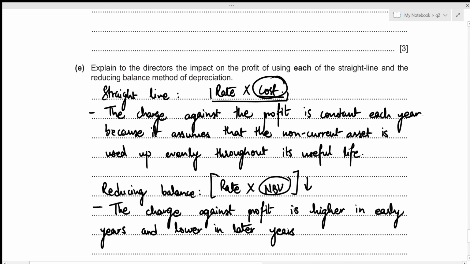And this is due to the fact that reducing balance method assumes that the non-current asset is used up more in early years than the later years. Let's write it down as well.